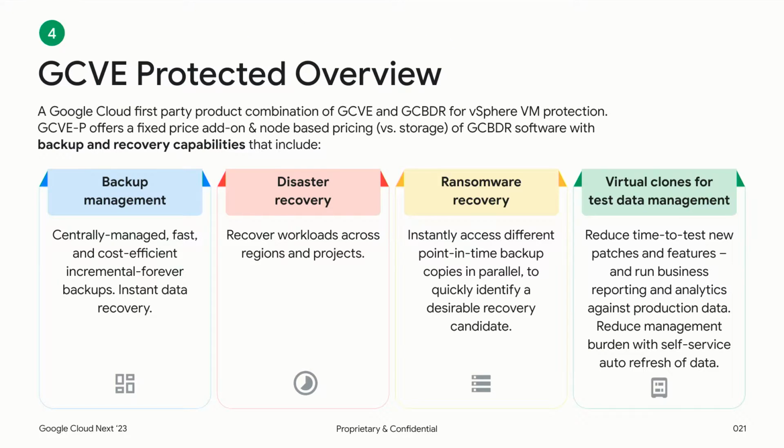And what we are announcing and offering is the ability to get this data protection through GCP native data protection and backup tool, which can now be bundled as part of GCVE through this GCVE protected add-on SKU. And what this does is it gives you data protection at a fixed cost.